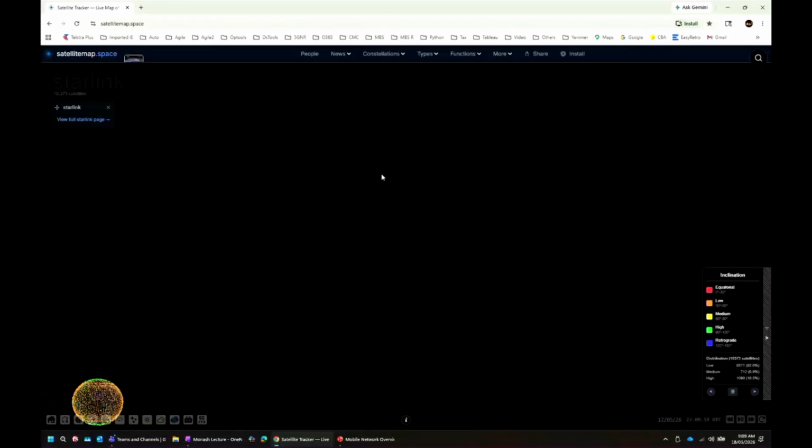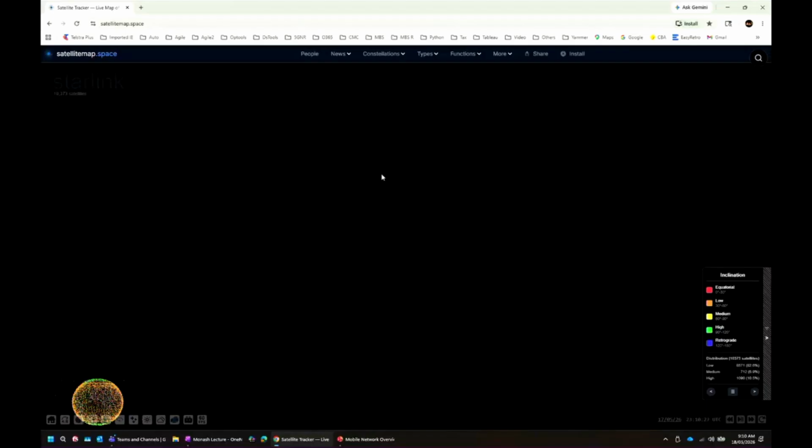So this is the website. Wait for it to load, but that's roughly how many are up there at the moment. It's amazing, this is a Starlink page. That's their satellites, and we have other companies as well doing this. So there are actually a lot of them up there. Each one of these colors is actually a satellite, and there's a legend there that shows you what type they're using.